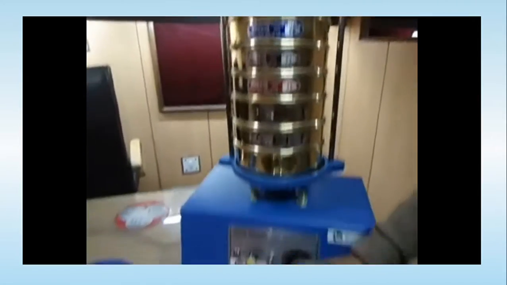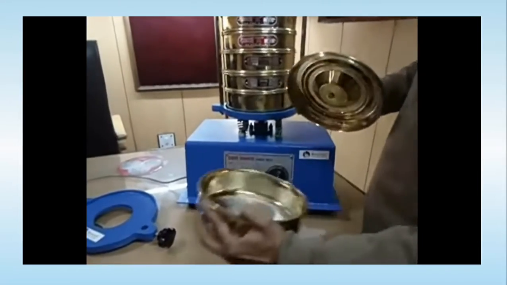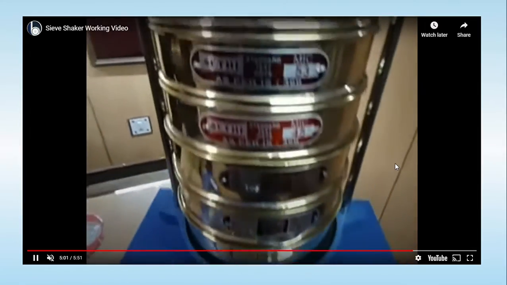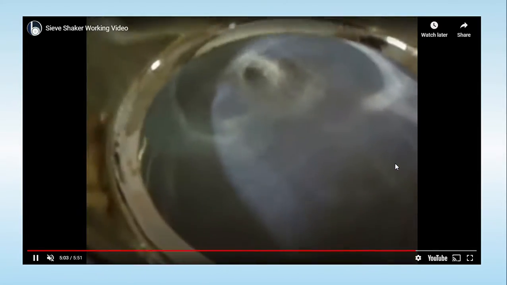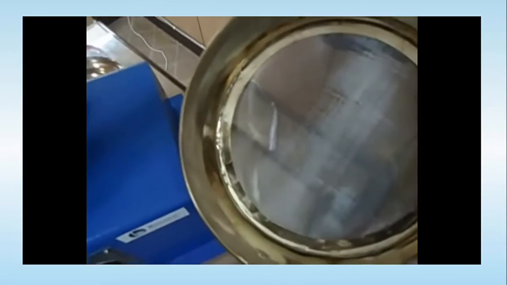The amount of powder retained on top of each sieve is taken out and weighed. Later on, that amount of powder retained on each sieve is converted into the percentage retained and the cumulative percentage retained.